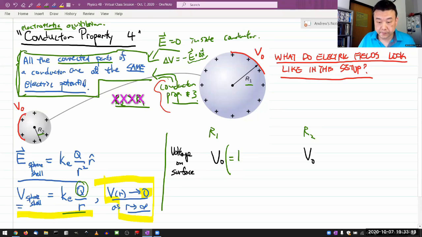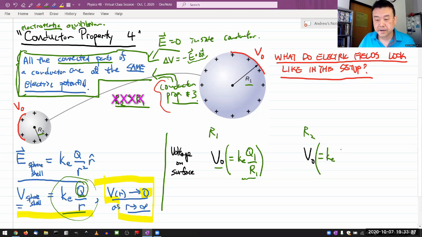On the R1 sphere, let's say there's a charge Q1 at a distance of R1. And this expression is equal to V0. And for our R2, that's the voltage, and this formula still remains valid. I just had to be sure to use Q2 and R2.